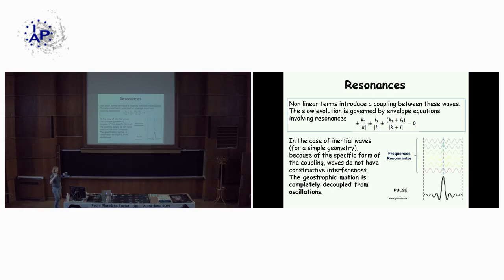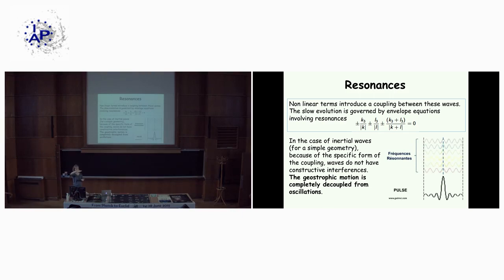Another way to say that is that you look at the envelope equation for these waves, and you will have a slow evolution of the amplitude of each wave, and this will be governed by resonances of these waves. Resonance means that you will have two waves with wave numbers k and l, and they will be resonant if this frequency here is equal to plus or minus the sum of these two. So this is the notion of resonance, and this tells you that you can write also the slow evolution.